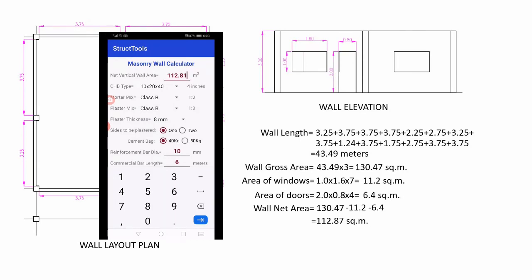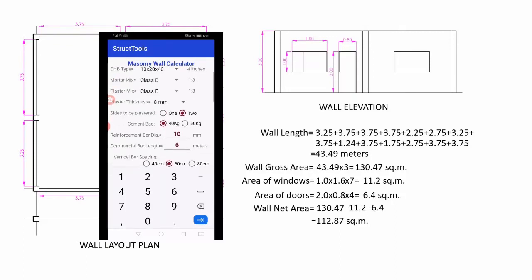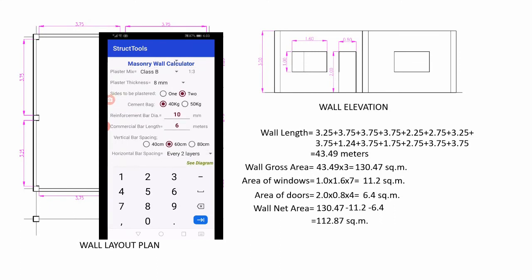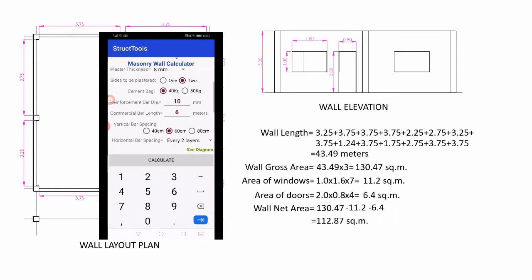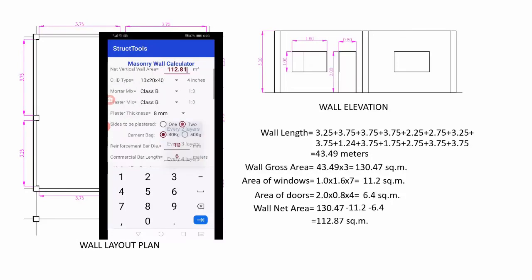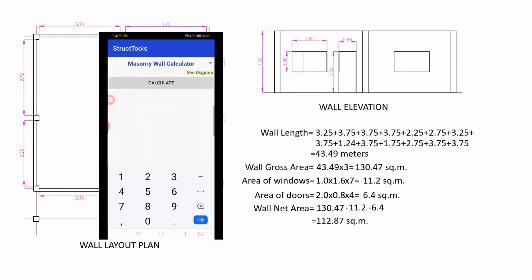Plaster thickness 8 mm, sides to be plastered 2 sides, cement bag 40, reinforcement diameter 10, commercial bar length 6, vertical spacing 60. Horizontal bar, this time we'll use 2 layers, every 2 layers of CHB.